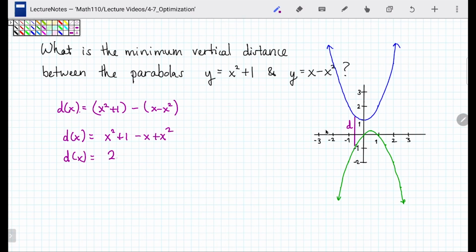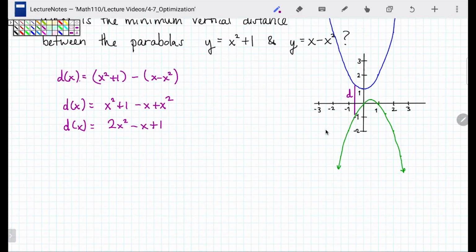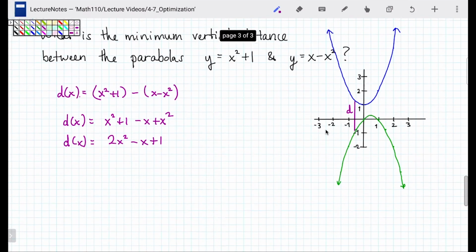So it's 2x squared minus x plus 1. Now, in order to minimize the distance, it's good that this is a quadratic function, and its graph will be a parabola that opens up, which does mean that it has a minimum value, not a maximum value. That's good because we are searching for a minimum value.